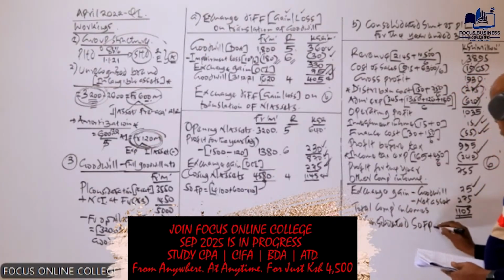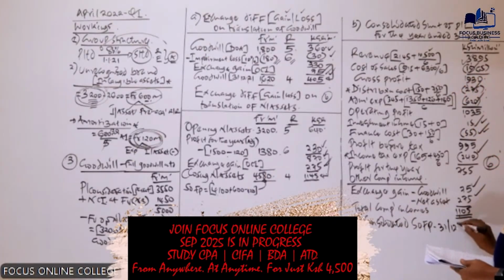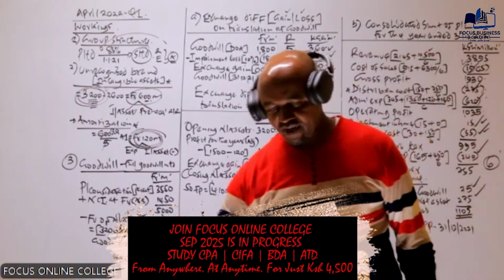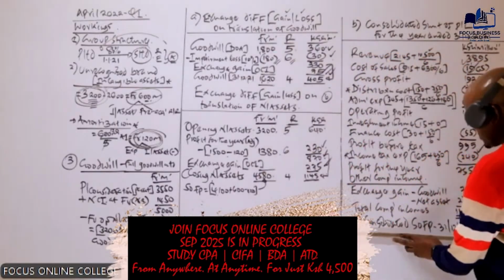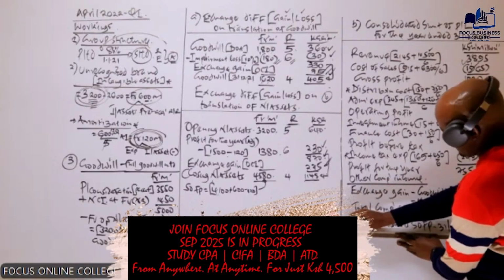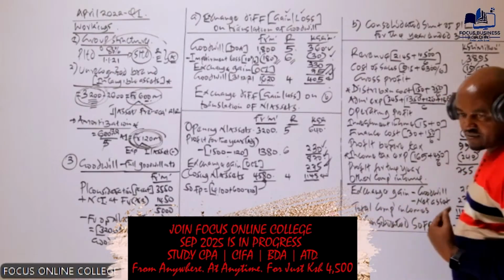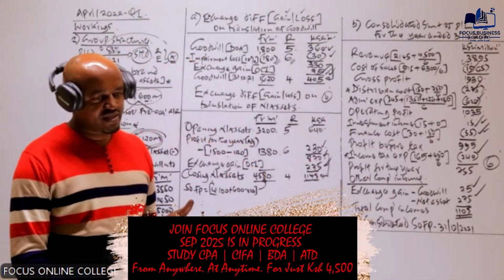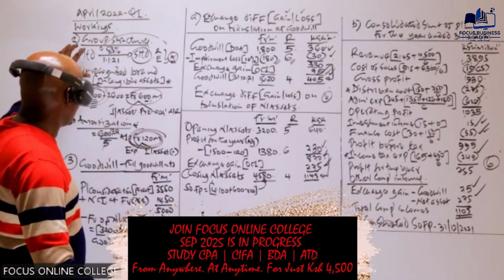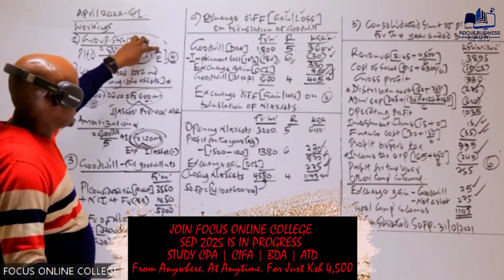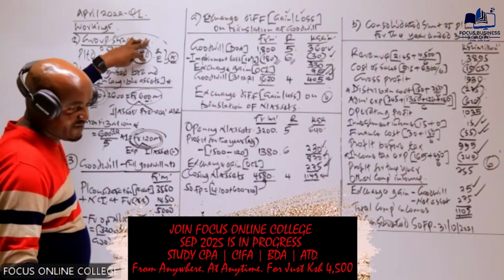Statement of financial position as at 31st of December 2021. So how do we prepare this one? We prepare this basically by combining, by adding together similar items of assets and liabilities, that of P, that of S. But now, remember the assets and liabilities of the foreign subsidiary are in francs.